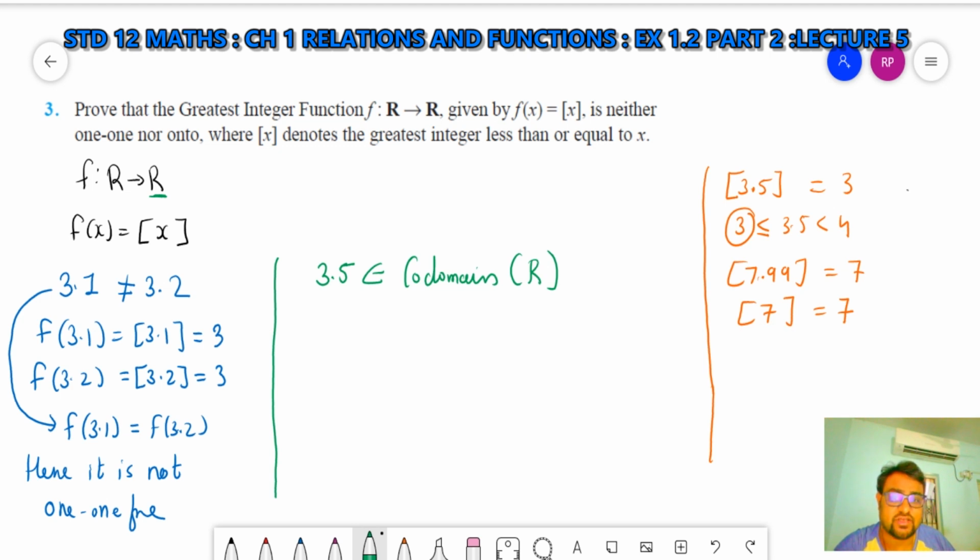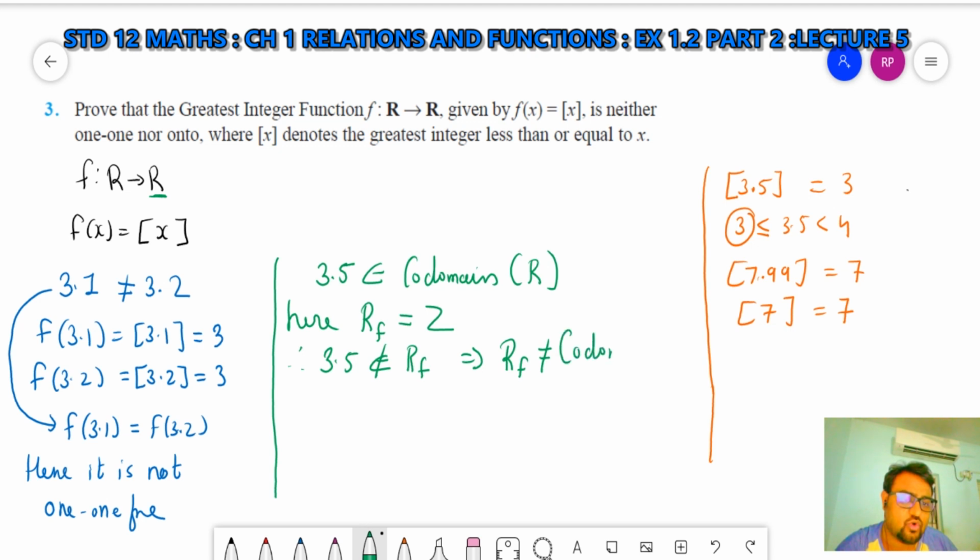The range will be integers, right? Here, the range of the function is equal to Z. Clear? Therefore, 3.5 does not belong to the range of the function. So what does this imply? The range of the function is not equal to the codomain. Instead, it is a subset. Therefore, it is not an onto function.